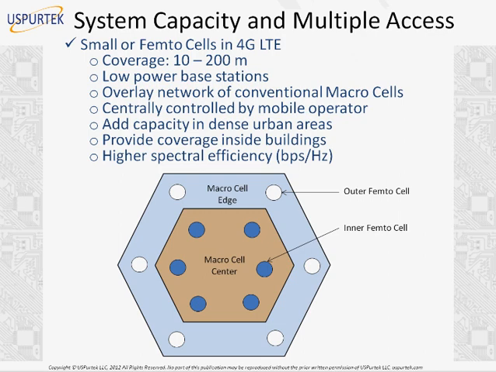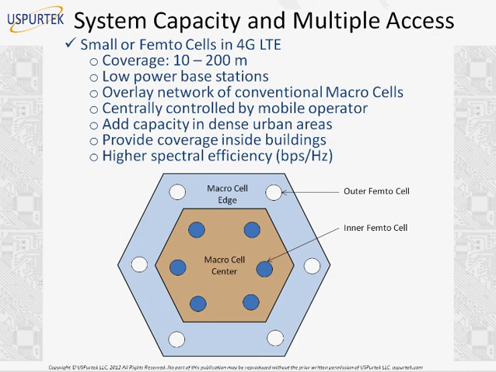So inside the picture you see in the cell, there is a macro cell center. There you see small circles inside, they are the femtocells. They are smaller base stations serving the local users. And then in the cell edge too, you could have outer femtocells. So this is a scheme with the femtocells. You provide an overlay network. So it's also called a heteronet or HetNet, a HetNet of macro cells and femtocells, serving all the users.